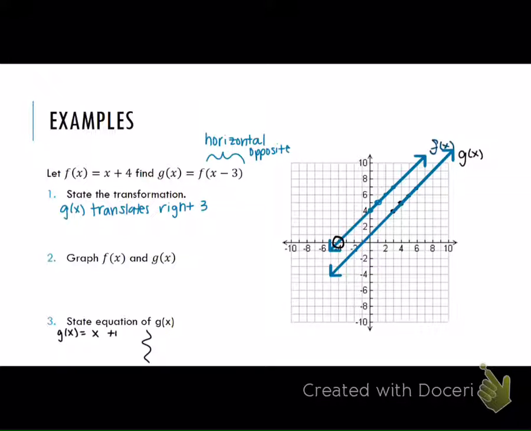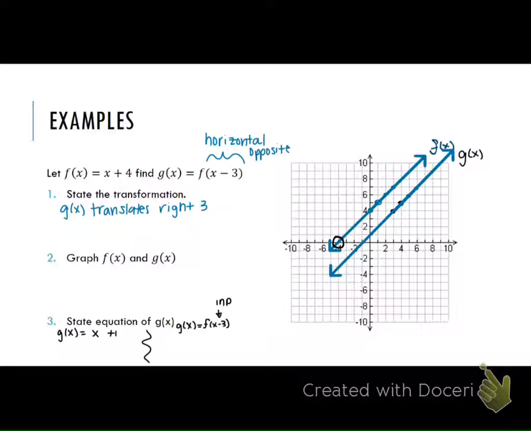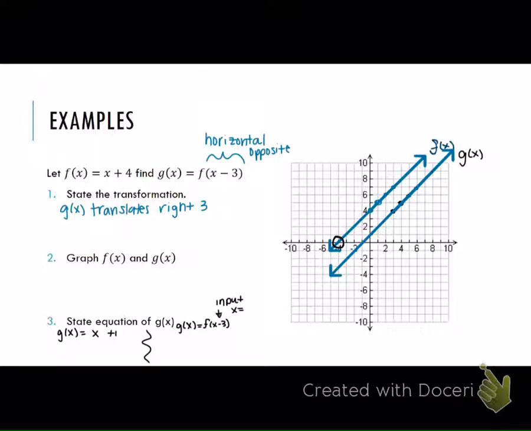So we said that g of x equals f of x minus 3. Do you remember that whole input-output process? So this means that this is the input, which means x equals x minus 3. Confusing, isn't it? So we know that g of x is taking f of x and plugging in.